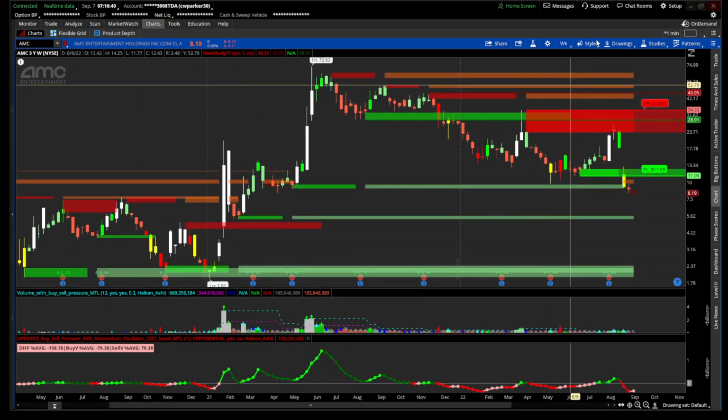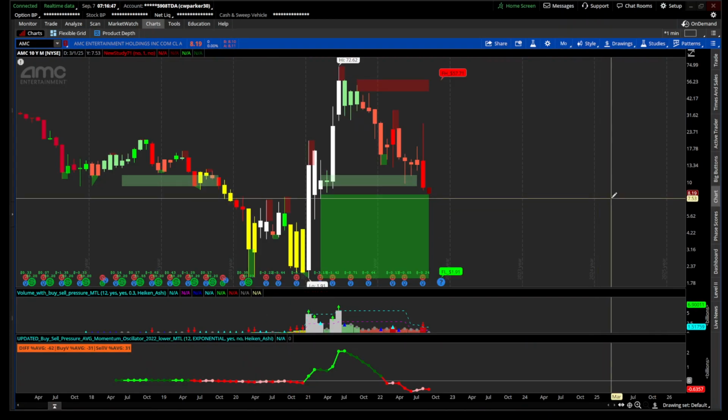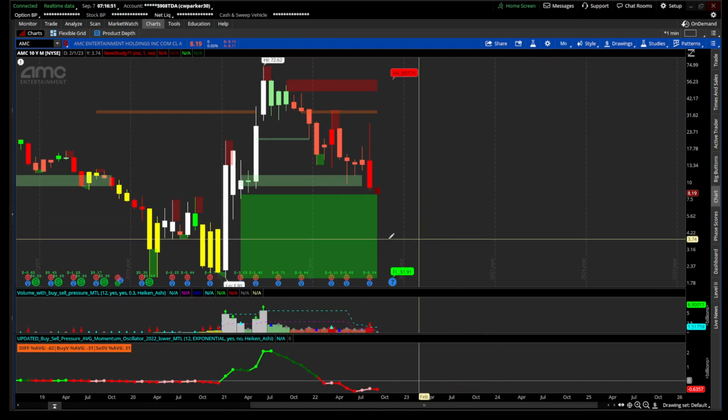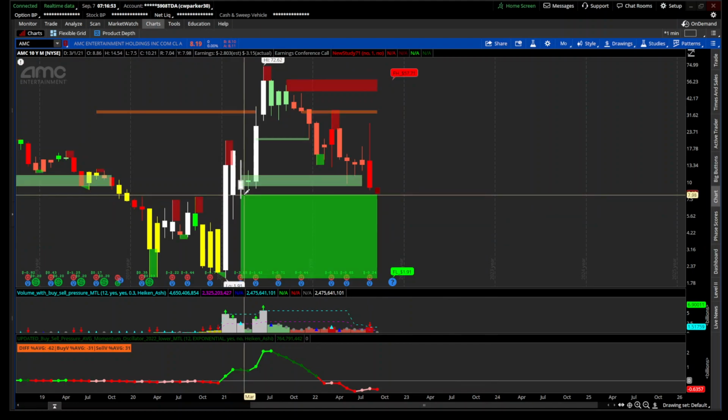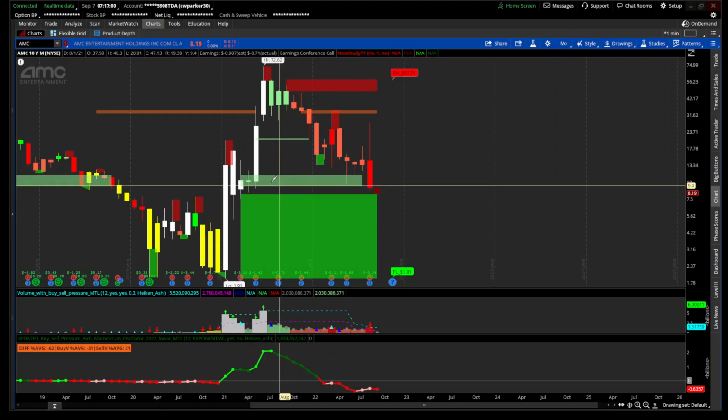So just looking at that, let's see what it looks like on a monthly. I go up to 10 years. Yeah, it just looks weird. So on a monthly, it's showing you that this candle right here, or this area right here, was an area of demand.